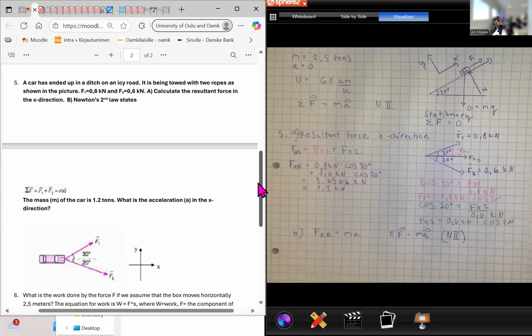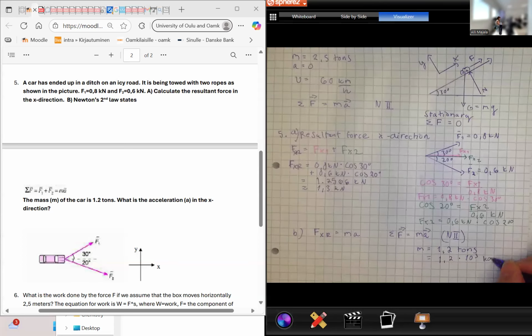And then we knew something, the car's mass, 1.2 tons, which is 1.2 times 10 to the power of 3 kilograms, because we are in kilograms.